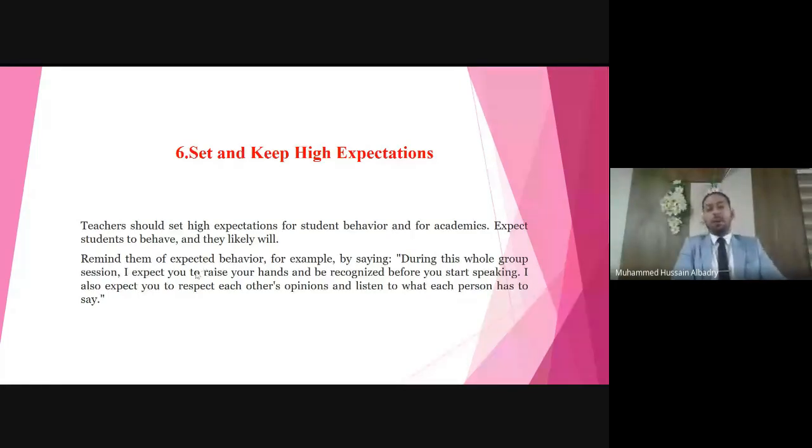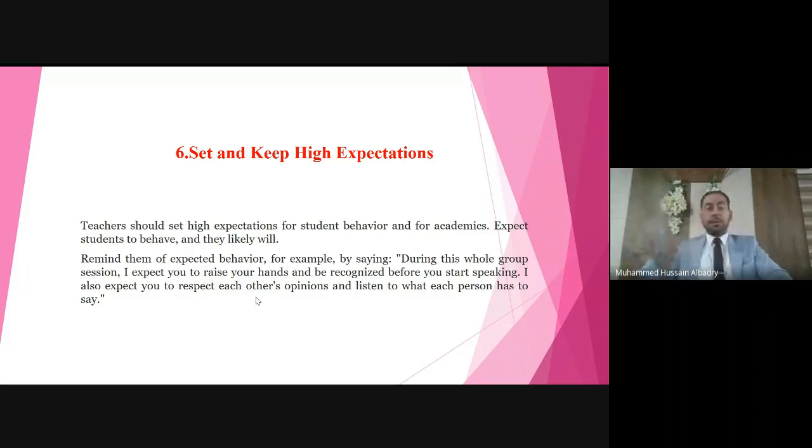For example, during this whole group session, I expect you to raise your hands and be recognized before you start speaking. I also expect you to respect each other. You see, I expect that you will respect each other and you will listen to each other. You as a student will respect the teacher.